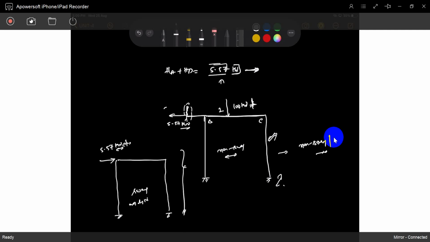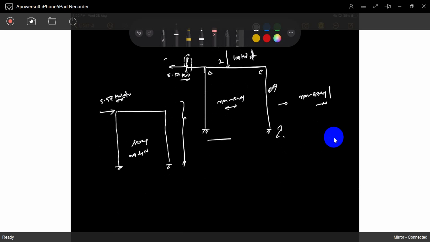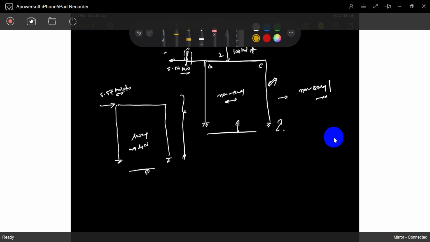So this is non-sway analysis. We end it. Now we will see sway analysis. For sway analysis, what will we do? We will do exactly, assume like this.